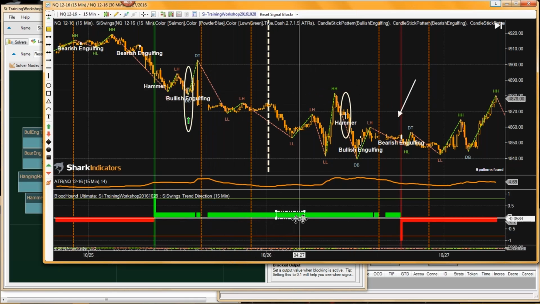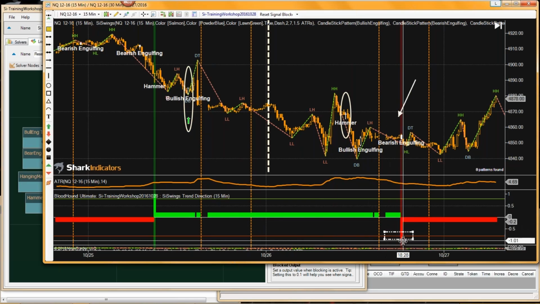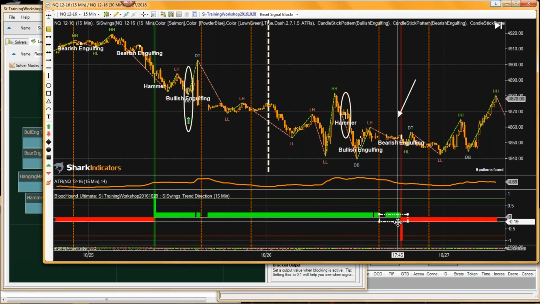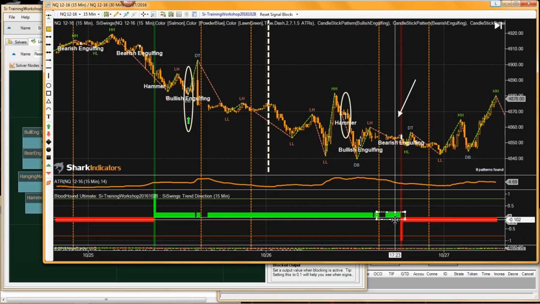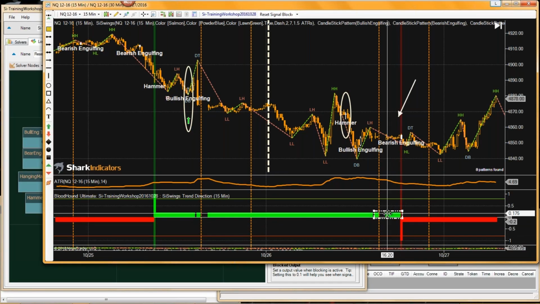Anyways, we can see that the signal blocker is blocking long signals, and then when the short signal comes through, the long signals are no longer blocked. A short signal comes through, and it turns off the blocking on the long side.